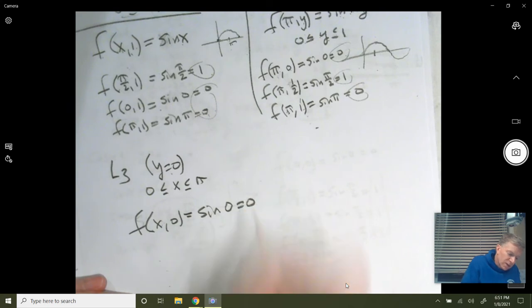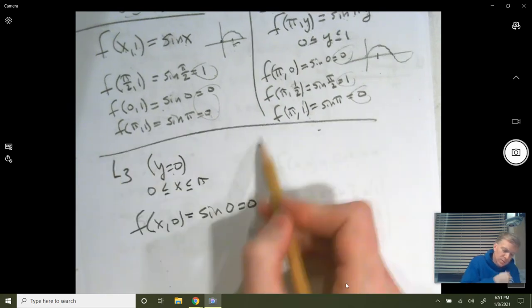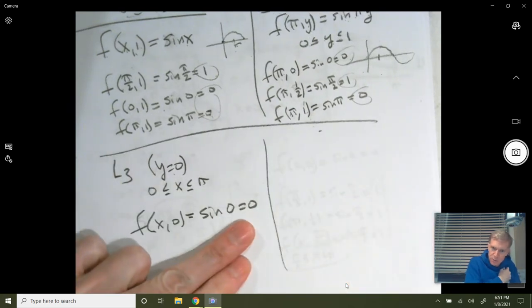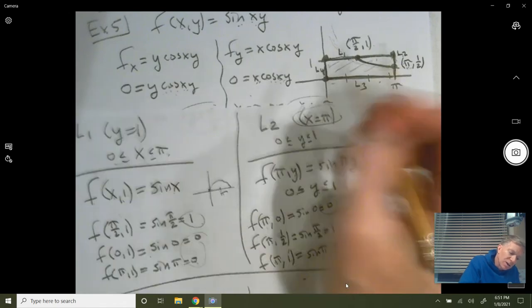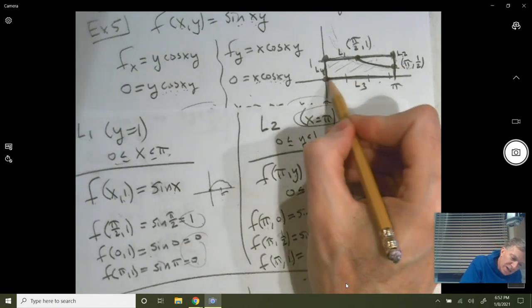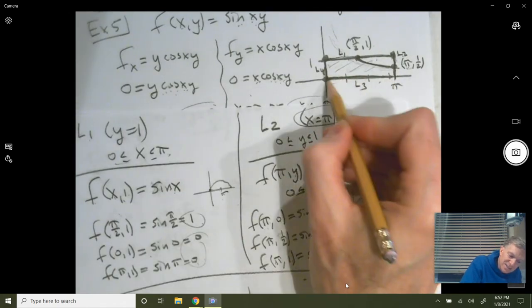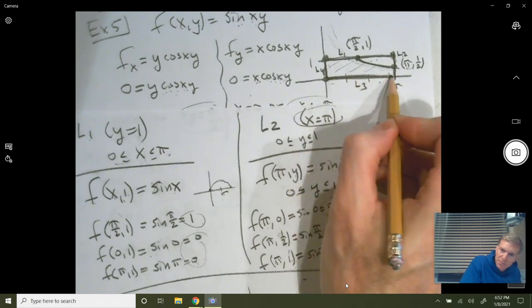So everywhere along here, we get a value of 0, which right now is our min. It's occurring in a bunch of different places, but that's our min. So it's occurring everywhere along this entire boundary, along the x-axis as x goes from 0 to pi.